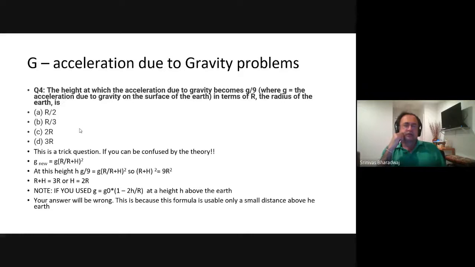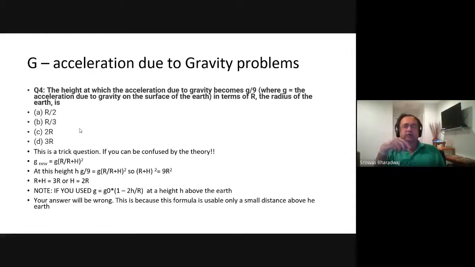It equals GM by (R plus h) the whole square, which is going to be the new acceleration due to gravity, right? And therefore, g new is going to be g times R square by (R plus h) the whole square, right? So it is going to go down as you go further and further up.